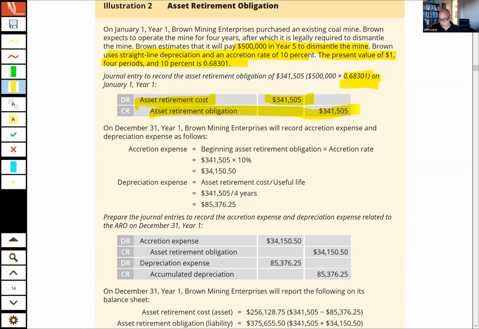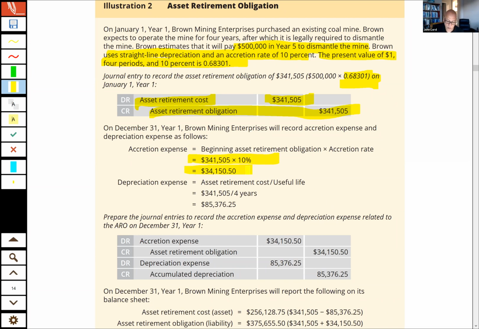They now go on 2 separate journeys as to how they get amortized for the accretion expense and how they get depreciated for the depreciation expense. My accretion expense is going to be 10% of that amount that I set up, for the first year anyway.